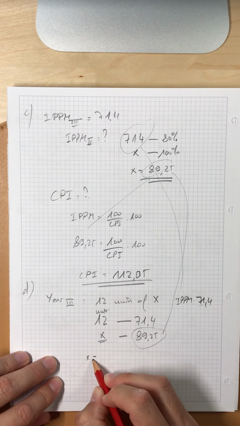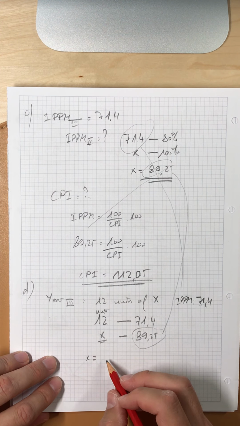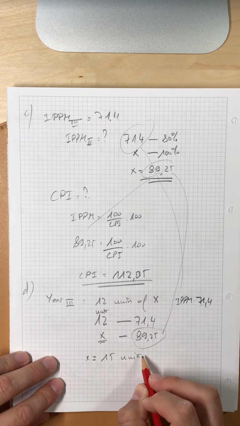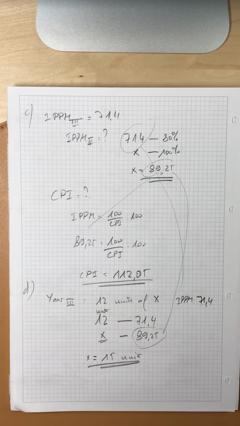So X is equal to rule of 3, okay, and you will find 15 units. Okay, that was the end of the correction of exercises 5 and 6. Good luck.